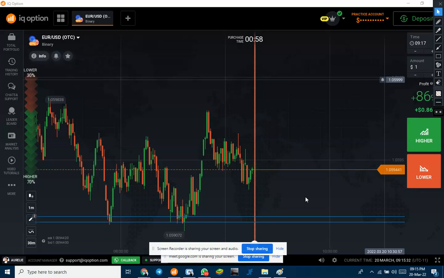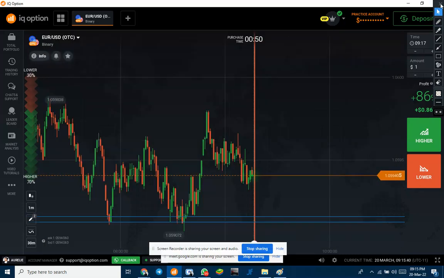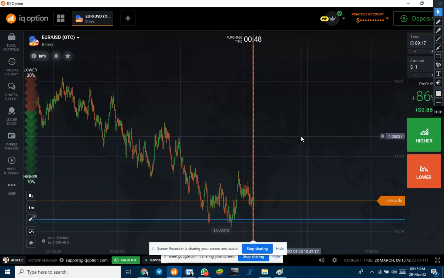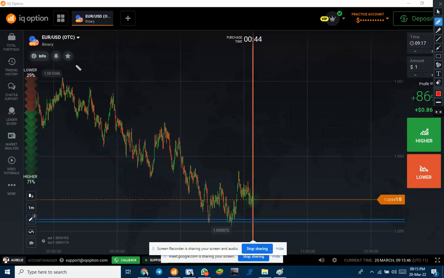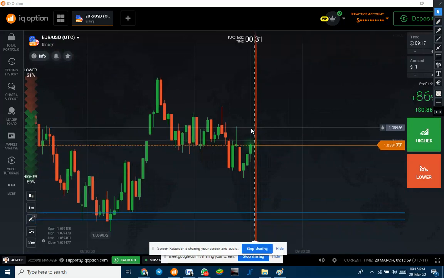So these are the key factors. The next one I discussed is the trend, minor or major trend. Now look at this chart. If you look at this chart, this is the major trend because the price seems to be falling. Now that is the major trend.